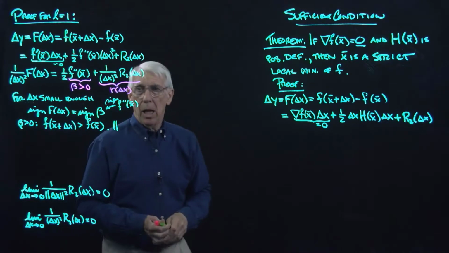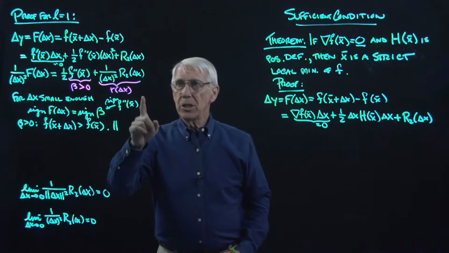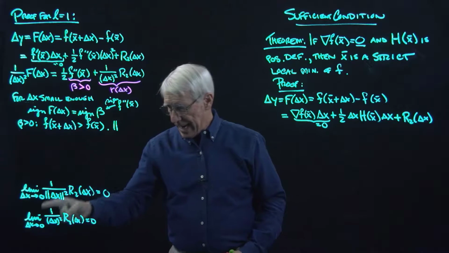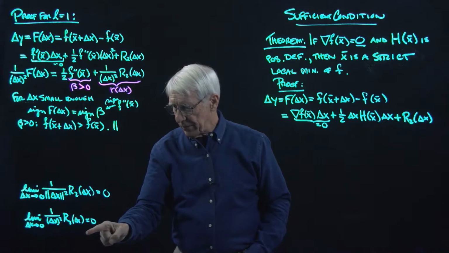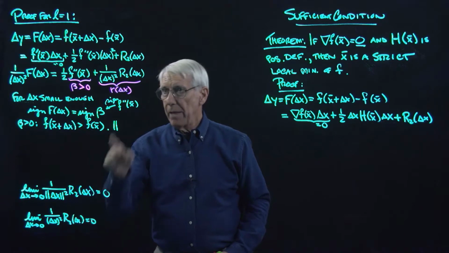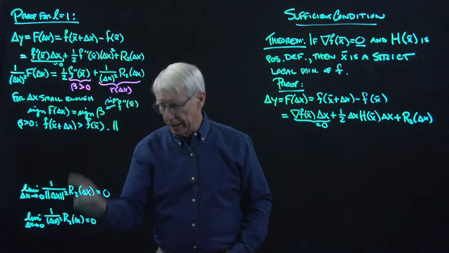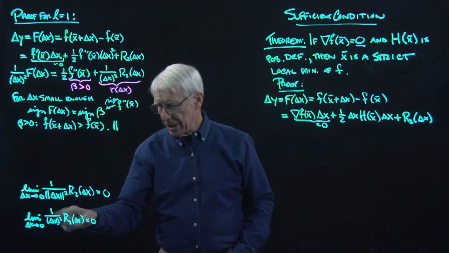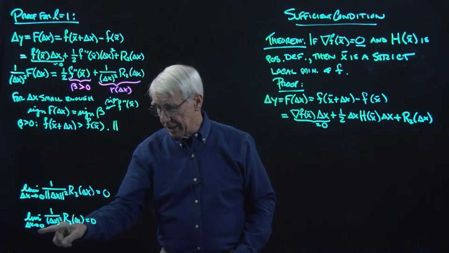So in the one-dimensional case, the remainder term has this feature that when I divide it by delta x squared, that resulting function, which I've called little r of delta x, has 0 as its limit.